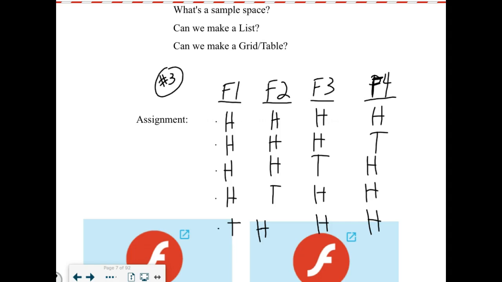Okay, I can give you a list. There are 16 outcomes that you should be able to list on number 3. So go through it in some orderly way, all 16 of those on your answer.